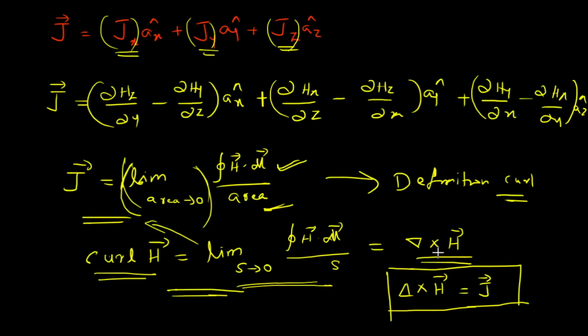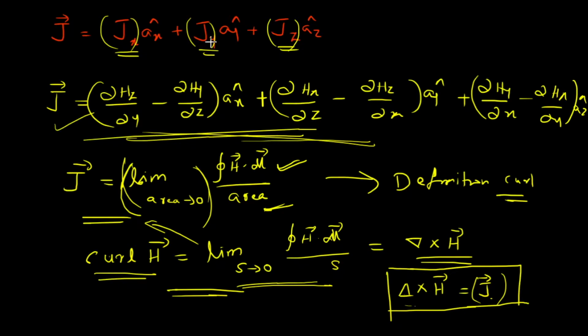I'll repeat: current density at a point in a magnetic field is nothing but curl of magnetic field intensity at that point. So mathematically, how can I calculate curl of h? Curl of h is j and j is this equation. So curl of h can be calculated using this mathematical equation.